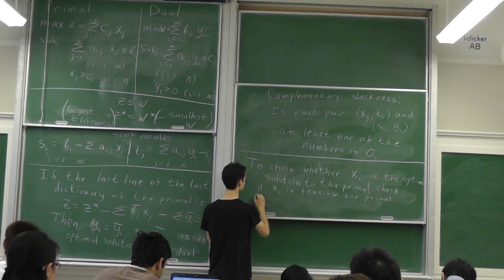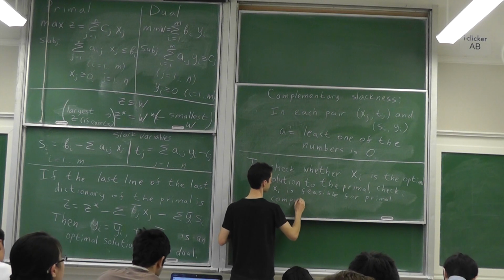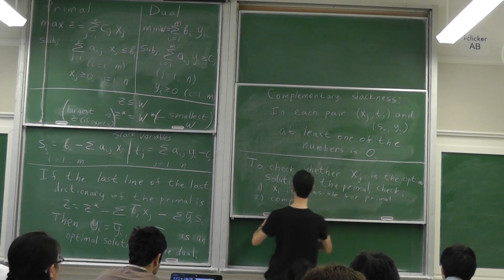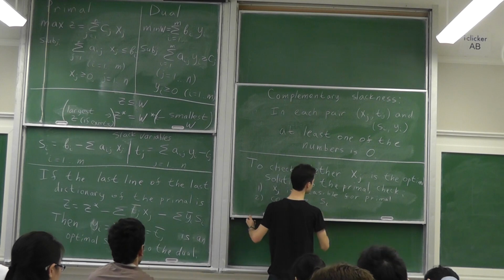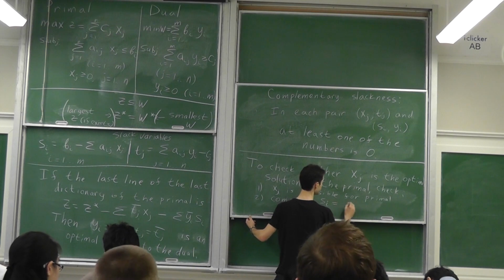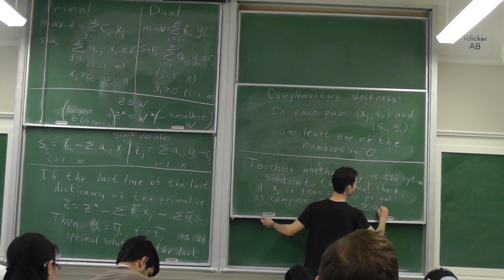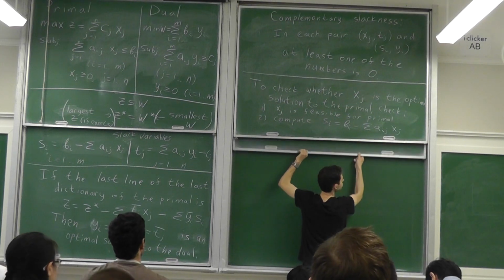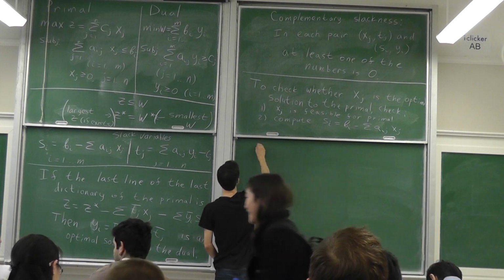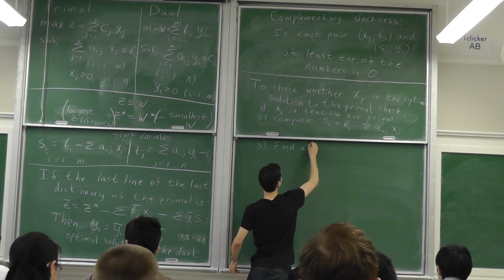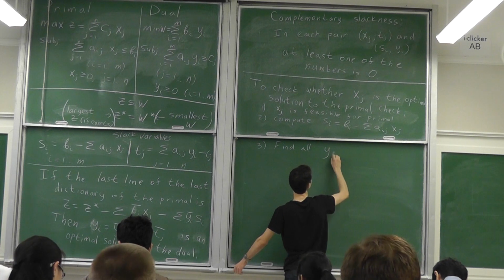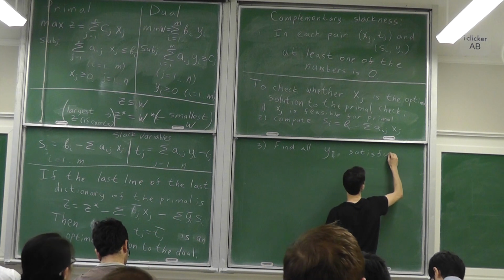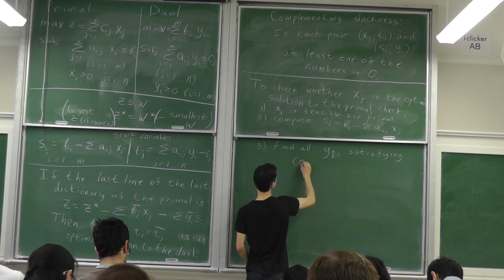Second, compute s_i, sorry, I usually write x_j, so let me continue writing x_j. Compute s_i, which is b_i minus the sum of a_ij x_j. Third, find all y_i satisfying complementary slackness.